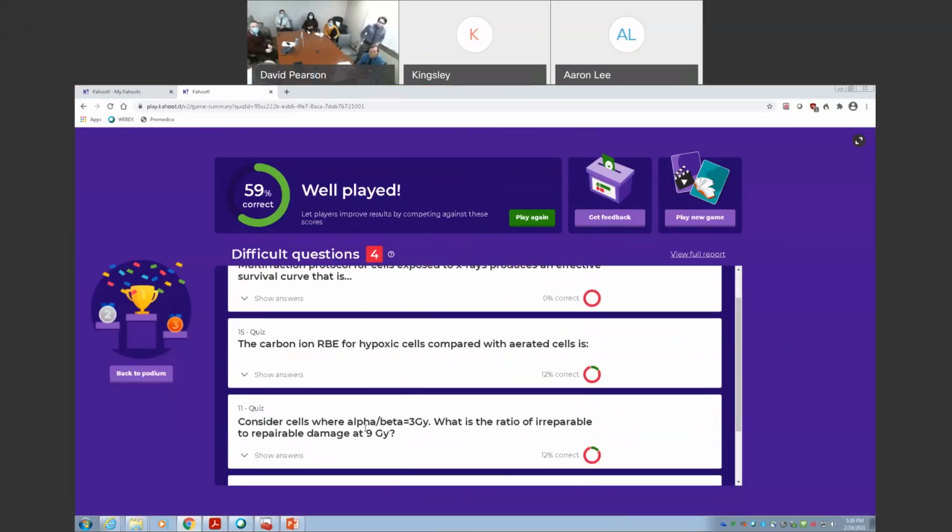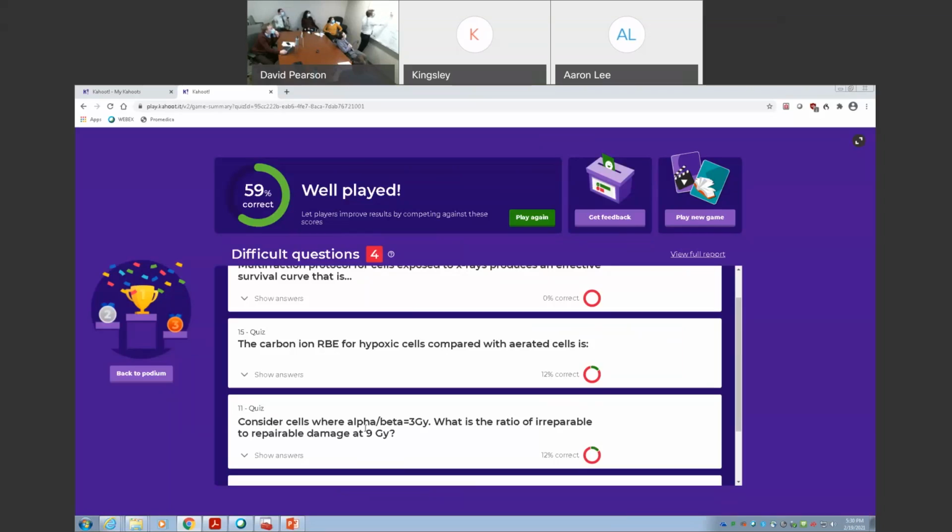Okay, so if I remember how to work it out, it'd be something like this. Alpha root theta equals 3, and then dose equals 9. So you have alpha d is the one parameter, beta d squared is the other, equals 3 beta d, and then you just plug in 9.